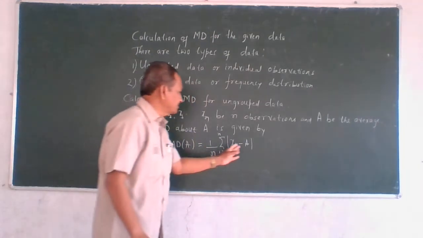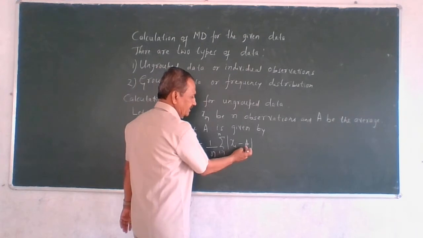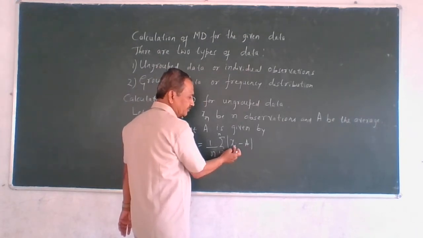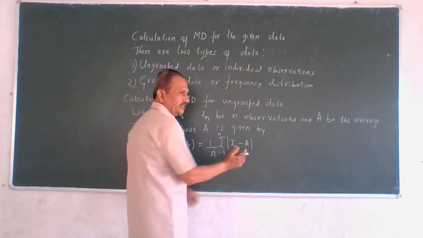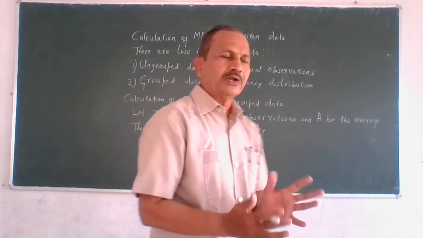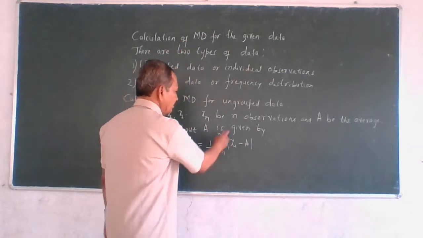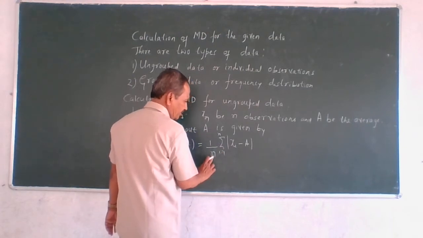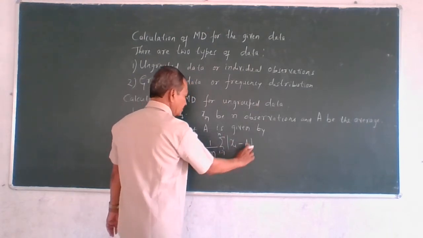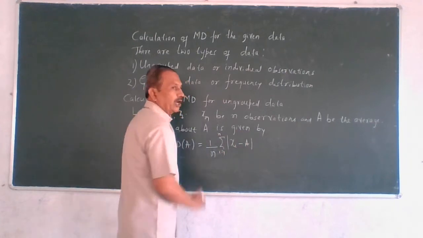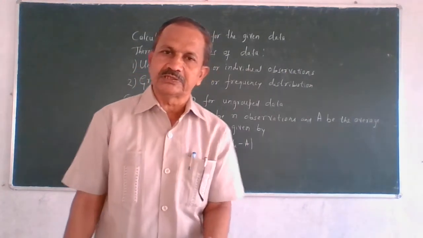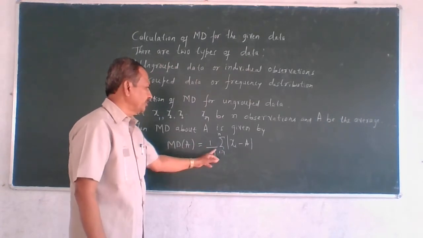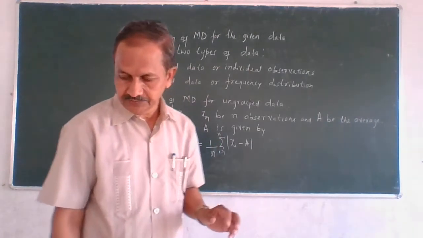Modulus of xi minus A, these are called the deviations of the observations about the average A. Deviations are differences of xi about A. Modulus means absolute deviations. Their sum divided by the total number of observations is the mean of the absolute deviations of the observations about A. That is called the mean deviation about A.